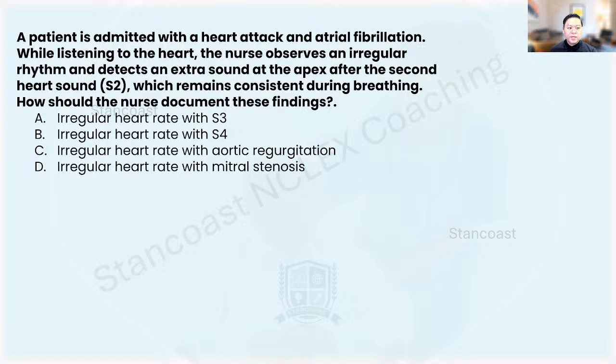And I want you to pick those significant assessments here. Extra sound at the apex, after the second heart sound. The heart sound S2 is normal, but there is that extra heart sound in the lower part of the heart that follows after the S2.